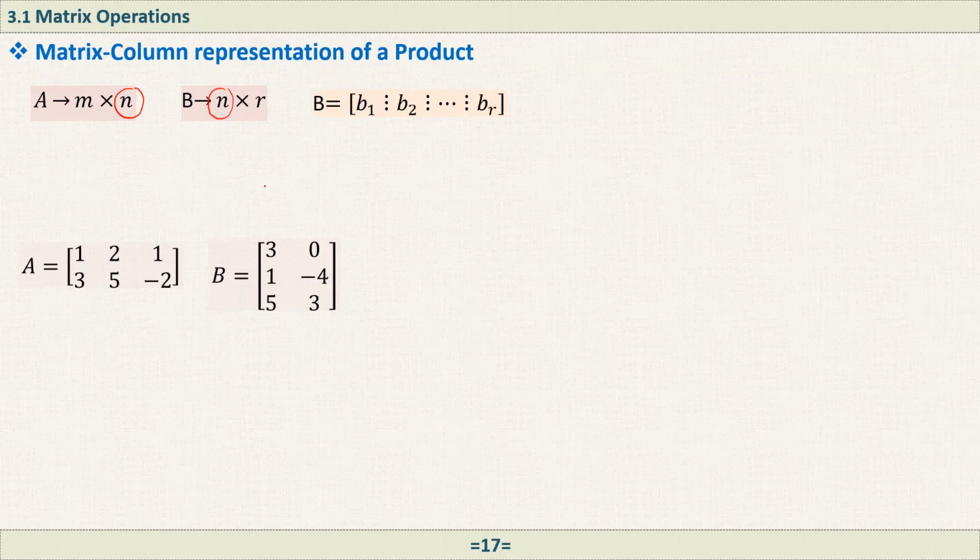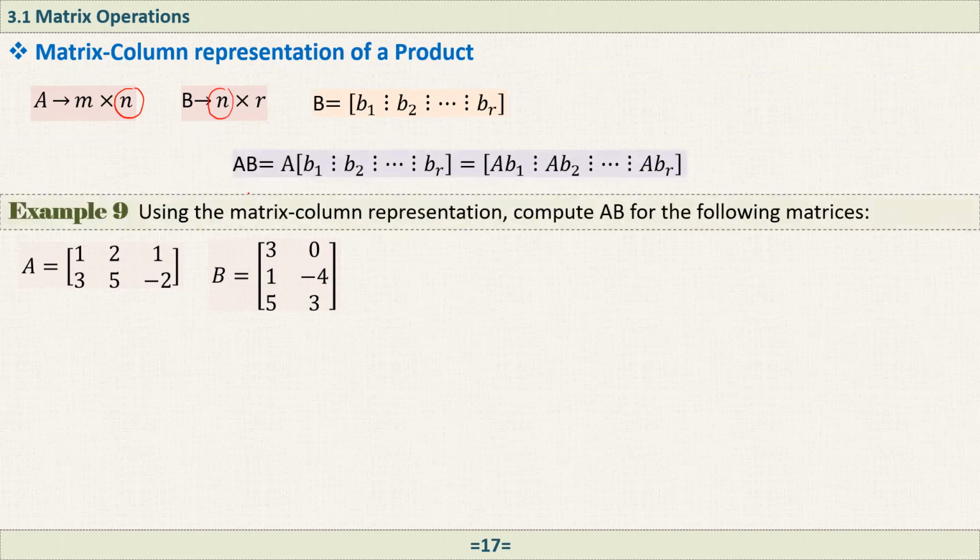Now if we multiply A by B, what happens? Here we have A times B, where B we have already partitioned as B1, B2, up to Br. Keep in mind that each matrix inside, for example B1, has n rows.